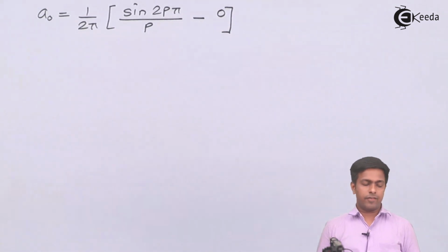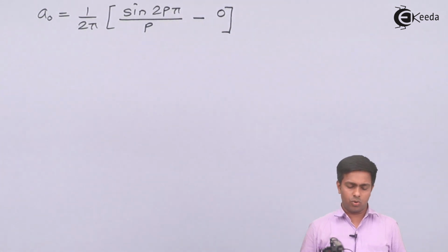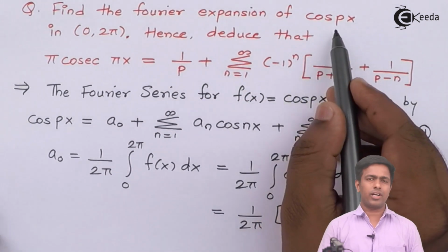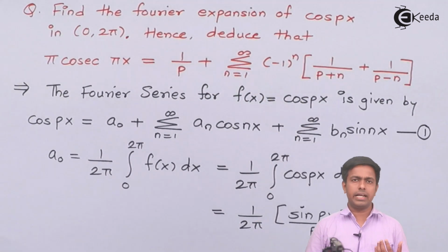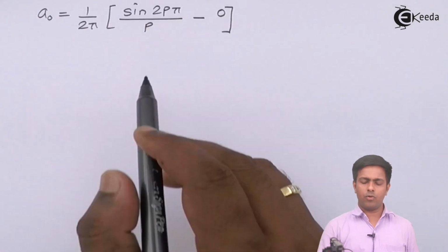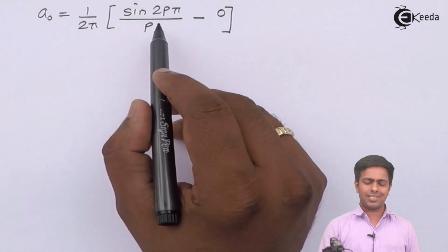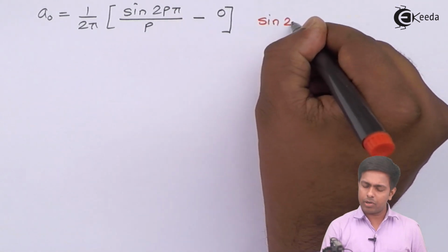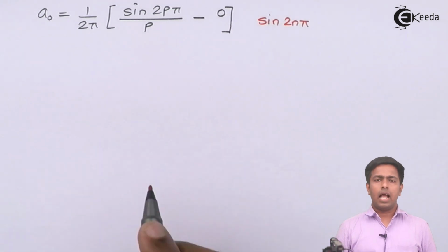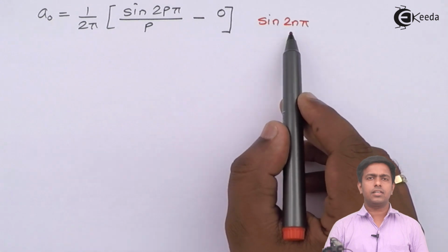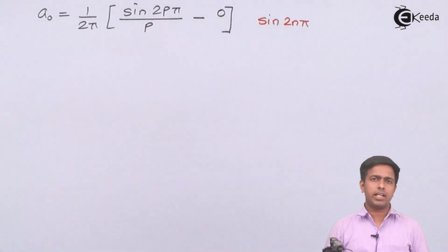Now guys, the value of p is not given. So let's see in the question, p is not defined. So we don't know whether it is an integer or a fraction, because based on that this value will vary. So don't misunderstand this as sine of 2n pi, because that is 0. In this formula we know that n is an integer, but here p is not given as an integer.